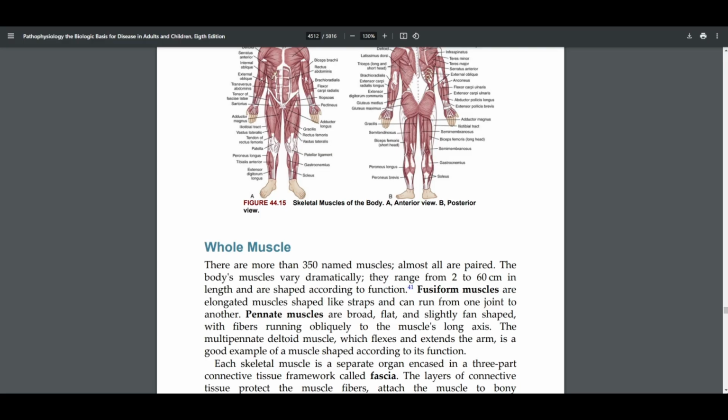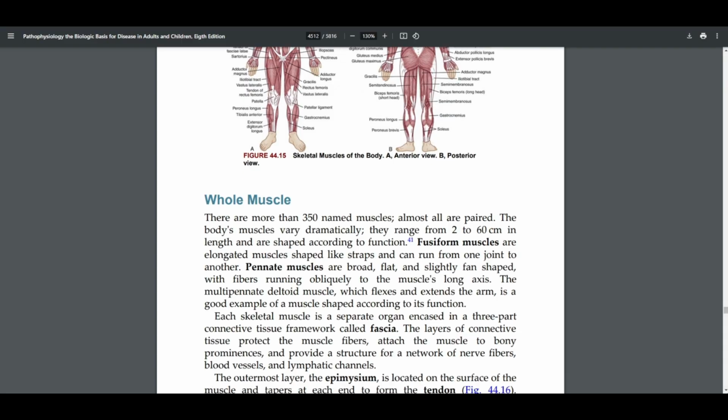Your pennate muscles are broad, flat, and slightly fan-shaped, with fibers running obliquely to the muscle's long axis. The multipennate deltoid muscle, which flexes and extends the arm, is a good example of a muscle shaped according to its function.